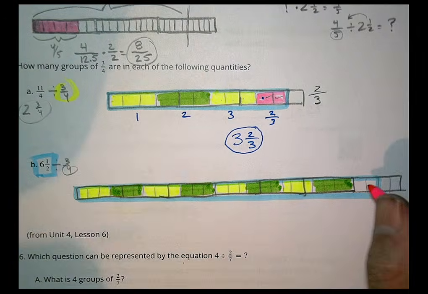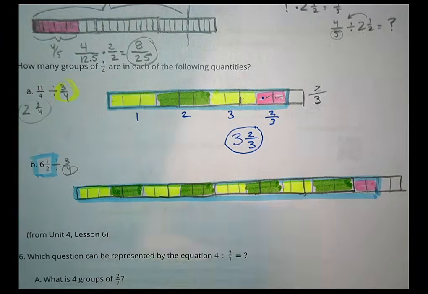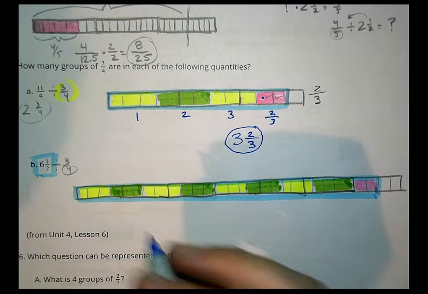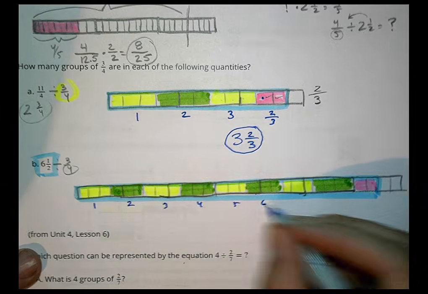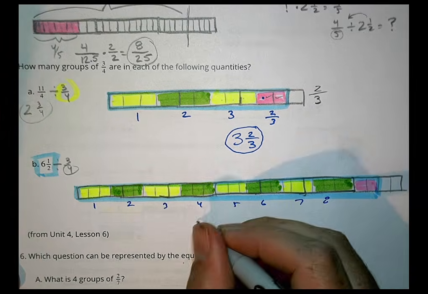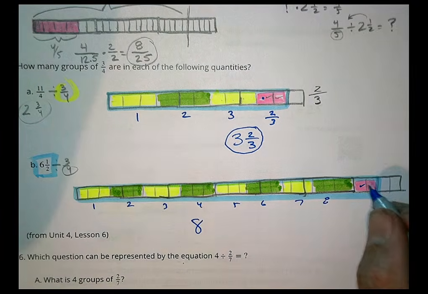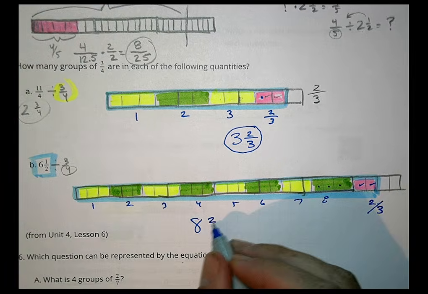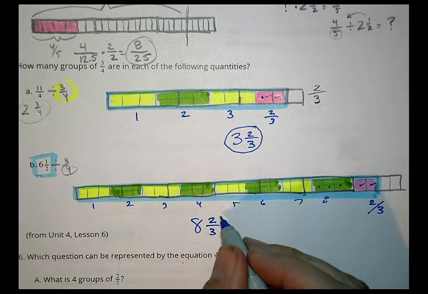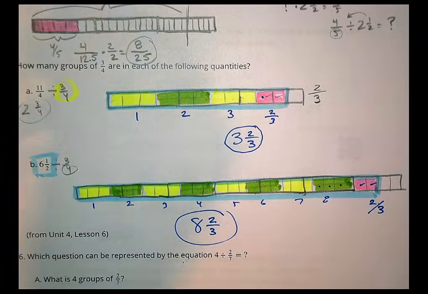I have 2 left over there. So what do I know? I know that I have 8 whole groups of 3/4. And then over here I have 1, 2, but it takes 1, 2, 3 to make a group, so I have 2/3. So I have 8 2/3. And that's a review problem from yesterday.